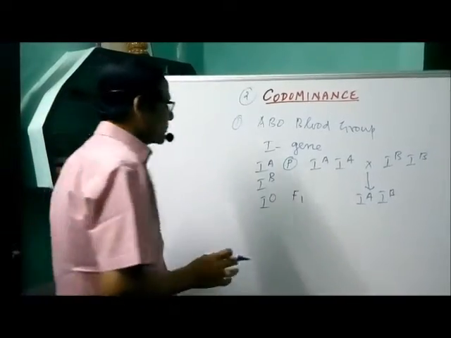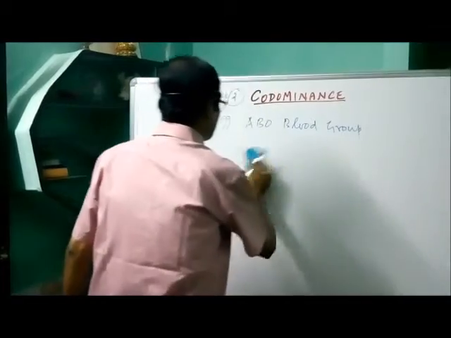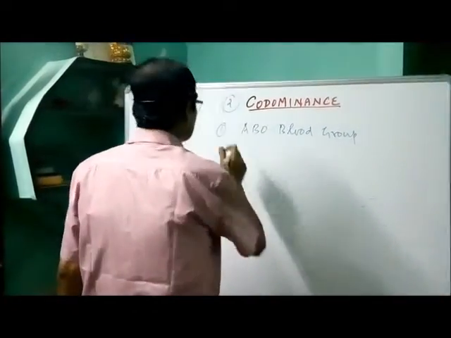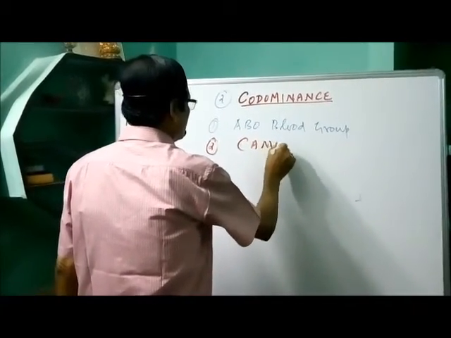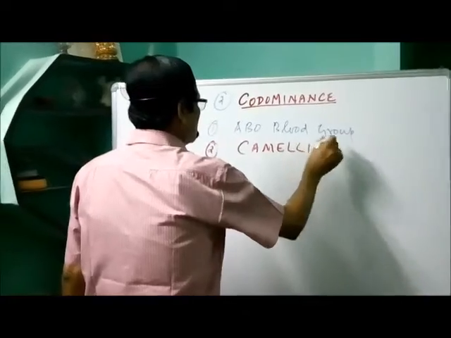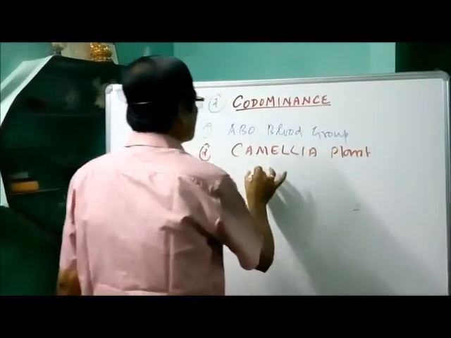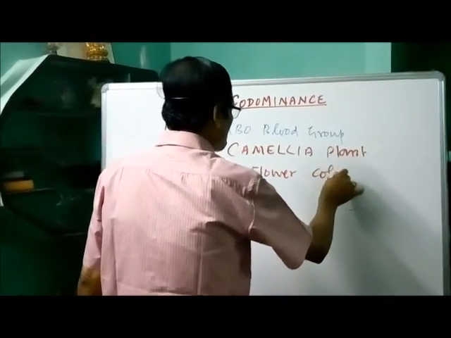Another example, in the case of plants, is the camellia plant. We take it with reference to flower color.